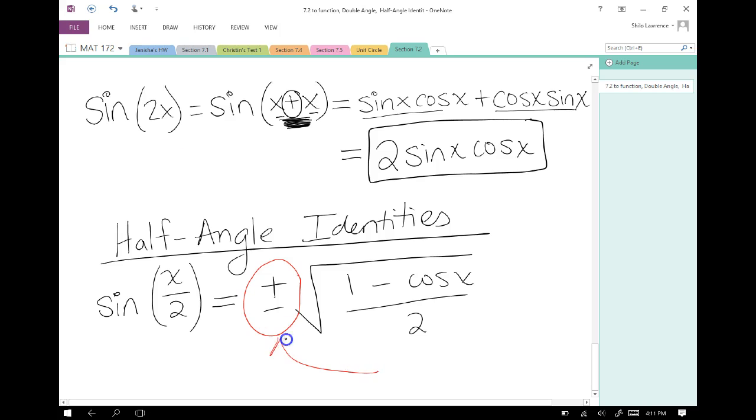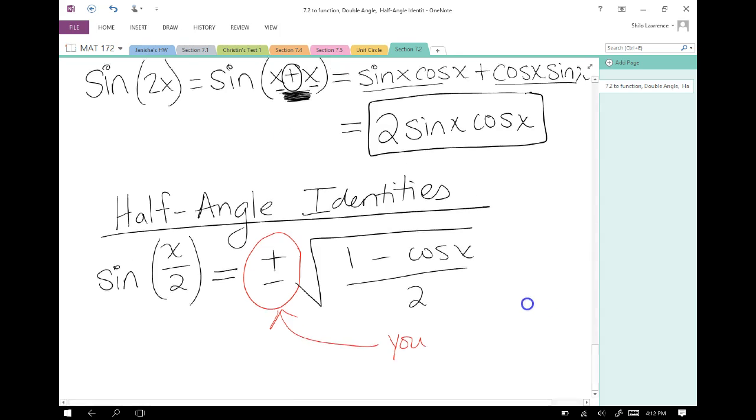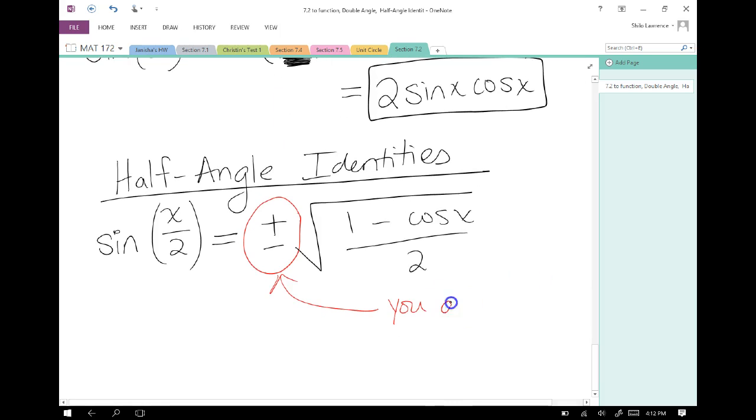You've got to decide whether your answer should be positive or negative based on what quadrant your angle's in. Your answer should be either positive or it should be negative. Sine is positive in quadrant 1 and quadrant 2. Sine is negative in quadrant 3 or quadrant 4. You've got to decide.